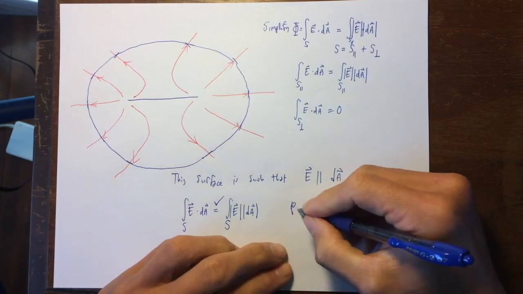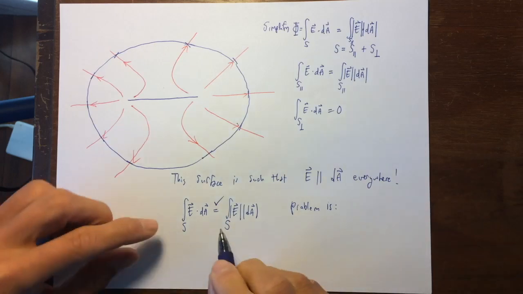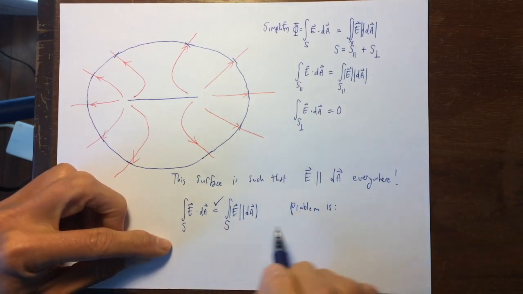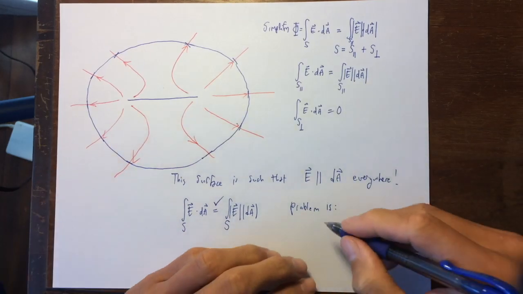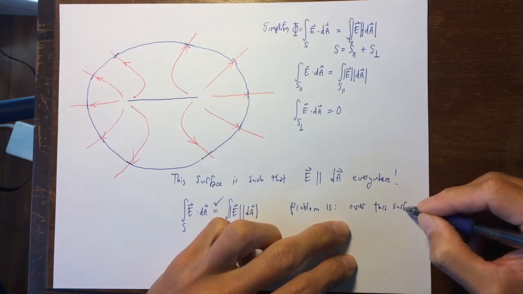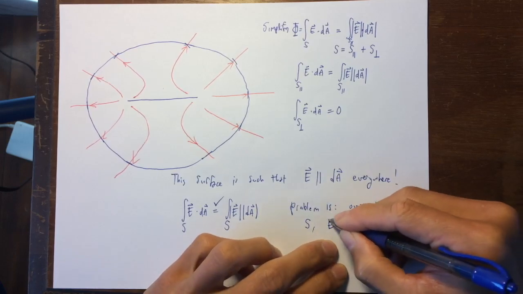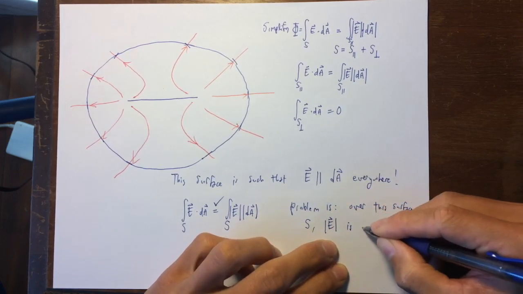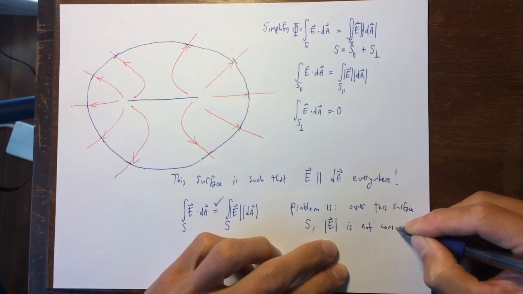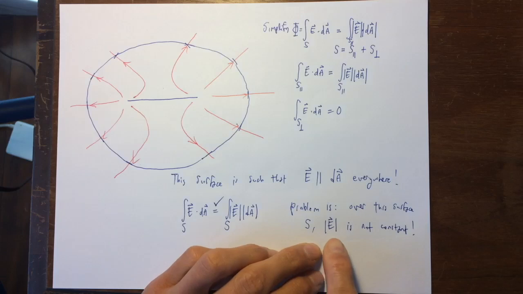The problem is the next step is not going to happen for us. The problem is, over this surface S, the magnitude of E is not constant. So that's quite interesting.